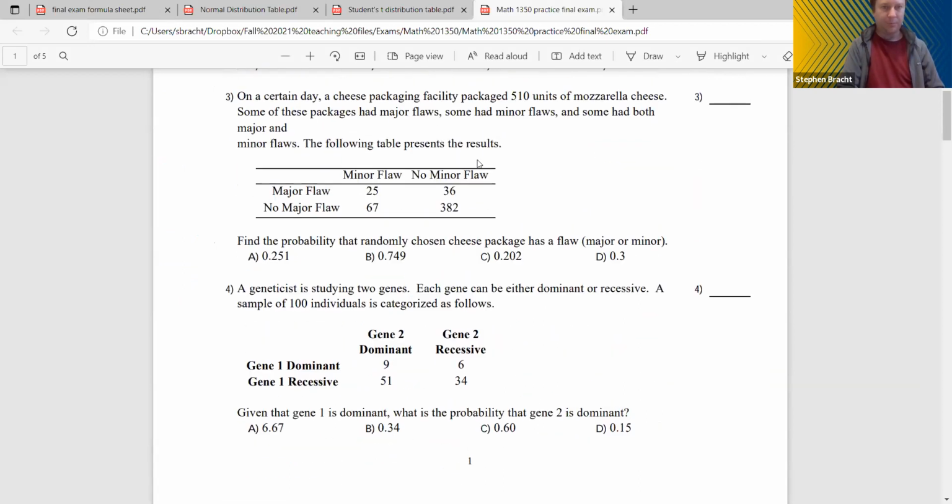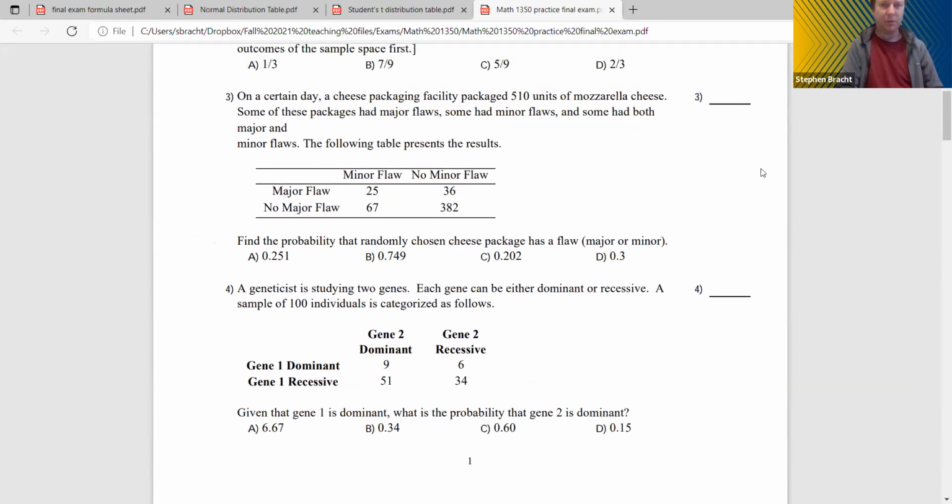Moving on to 3. On a certain day, a cheese packaging facility packaged 510 units of mozzarella cheese. Some of these packages had major flaws, some had minor flaws, and some had both major and minor flaws. So the table presents the results.